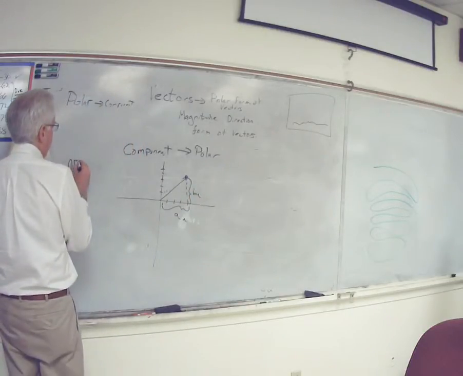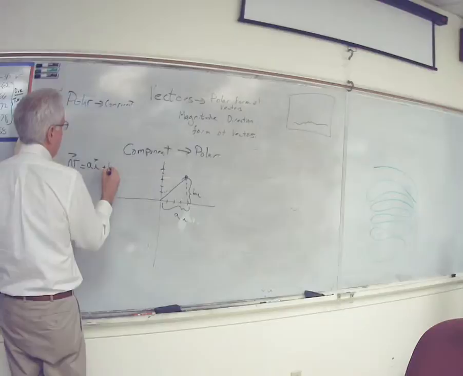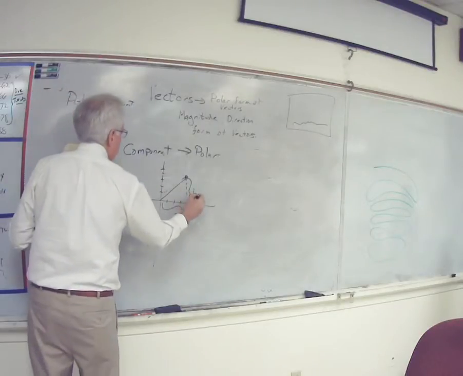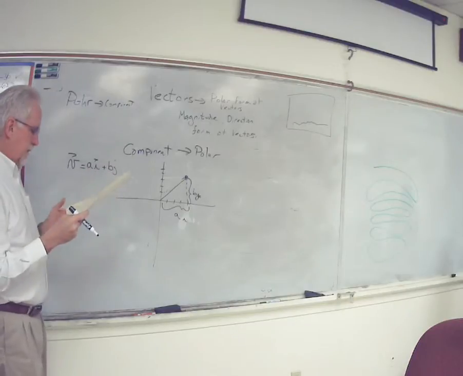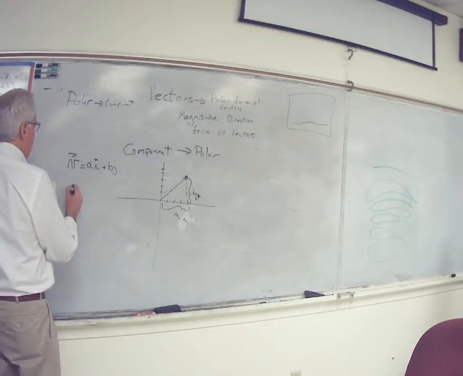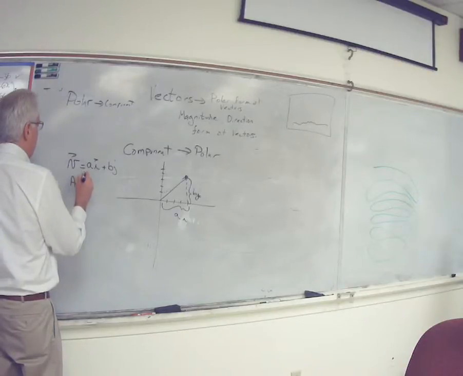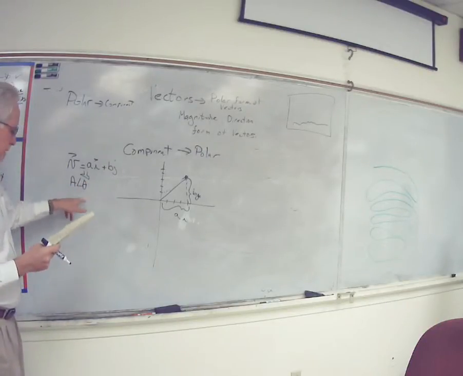So vector V is equal to A in the I direction, plus B in the J direction: AI plus BJ. In order to go to polar form, I need a magnitude A and I need an angle.